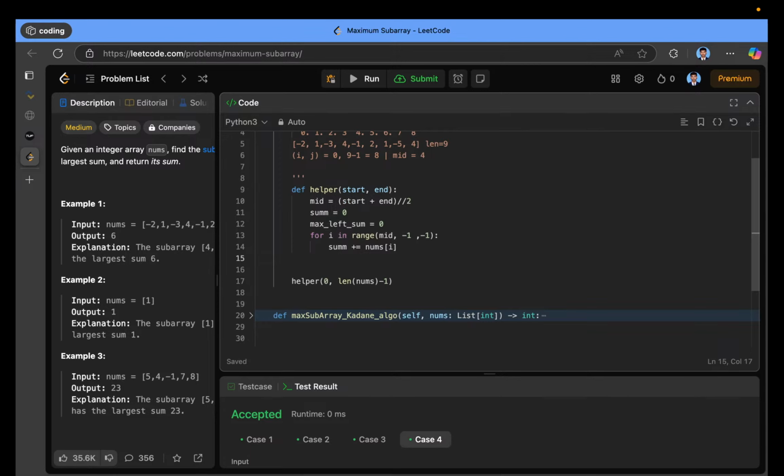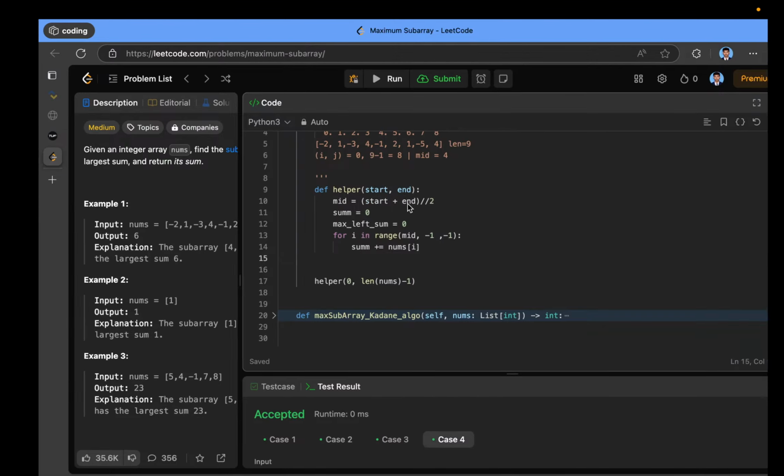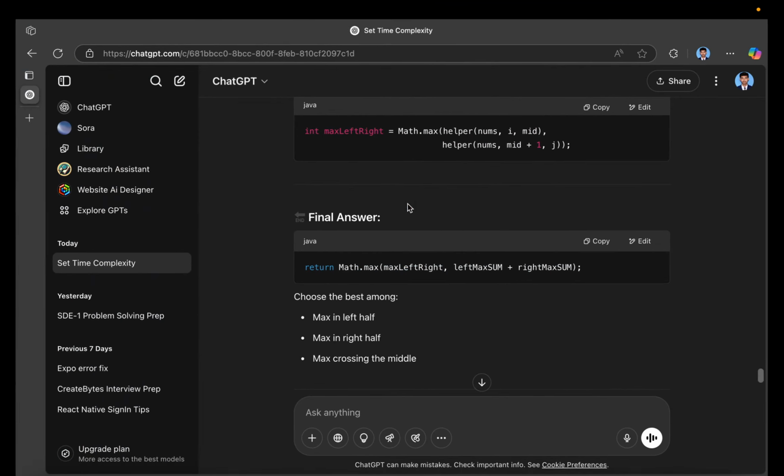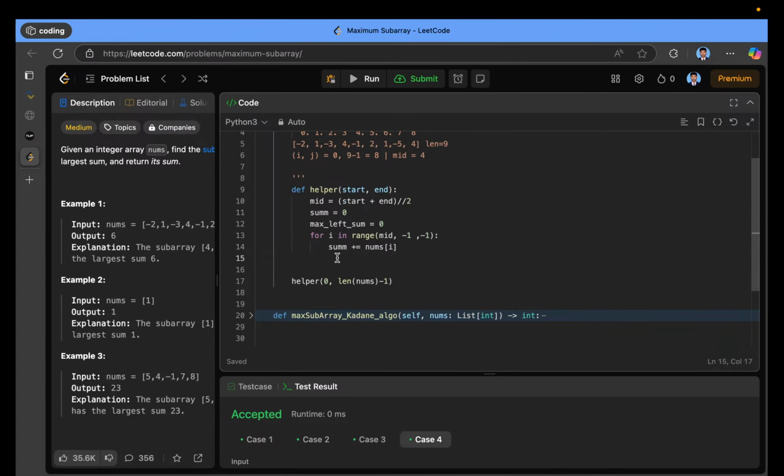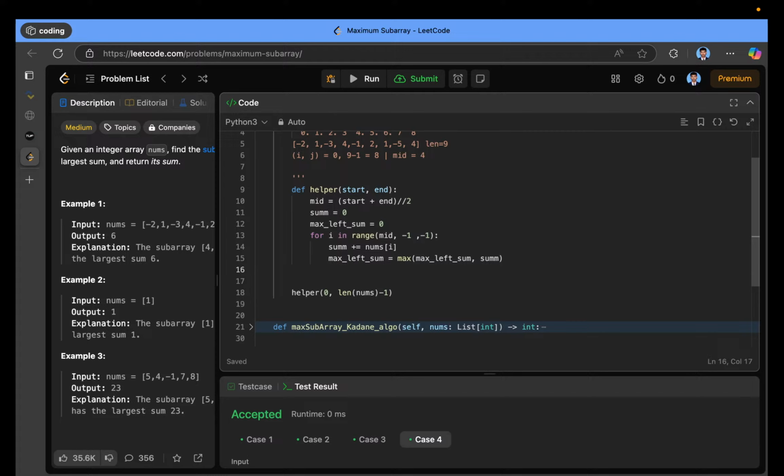And then, sum plus, max left sum equals max of max left sum comma sum. After this, done.